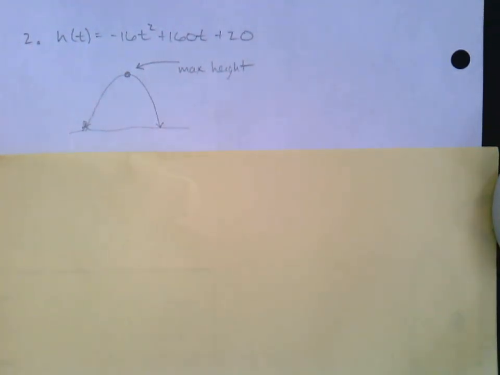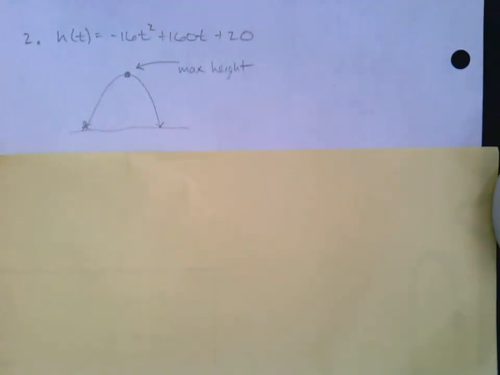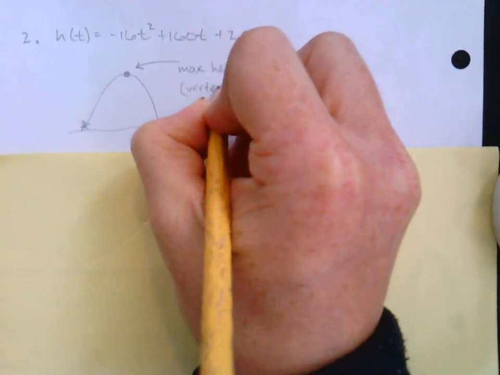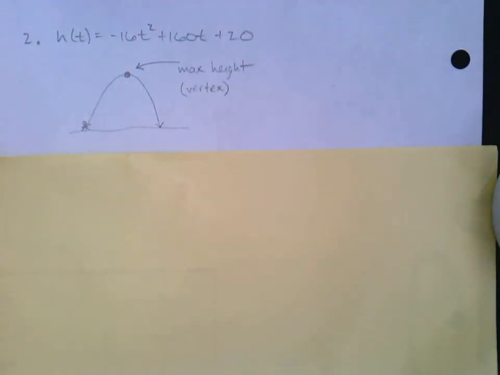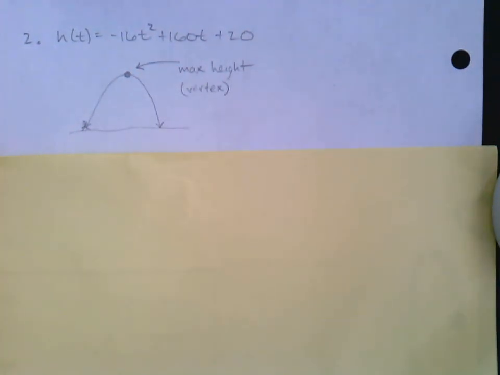Both parts of the question, parts A and B, were getting at the maximum height. Well, the maximum height is the very top of that arc, right? And isn't that the vertex of our parabola? It takes this nice parabolic shape as it flies through the air.